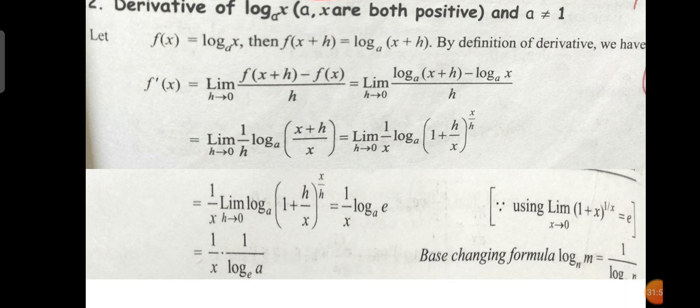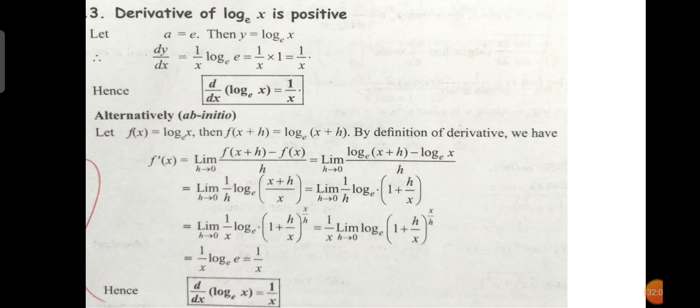A small proof like that is given. The answer is 1 by x into 1 by log a. And the derivative of log x, where x is positive, d by dx of log x to the base e is 1 by x. Always the derivative of log x is 1 by x.